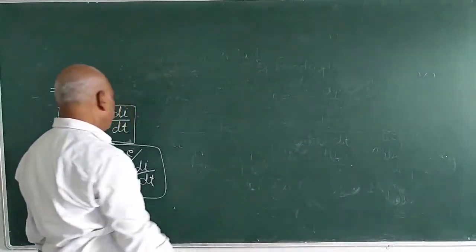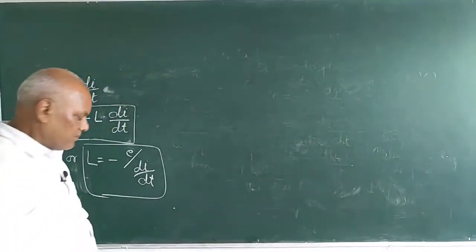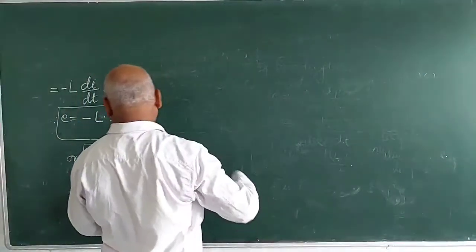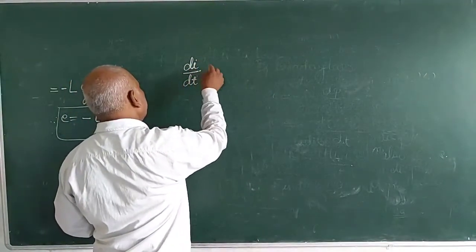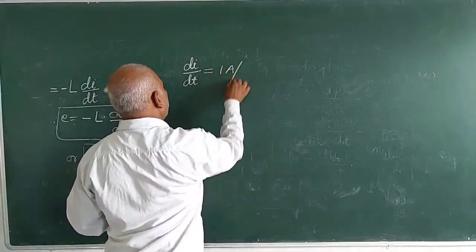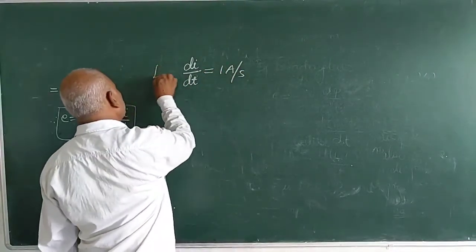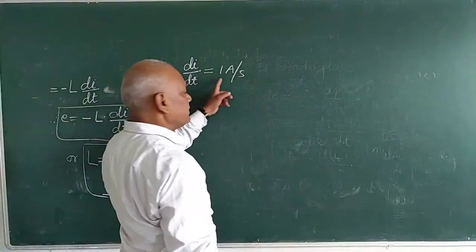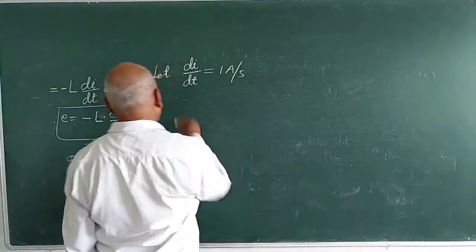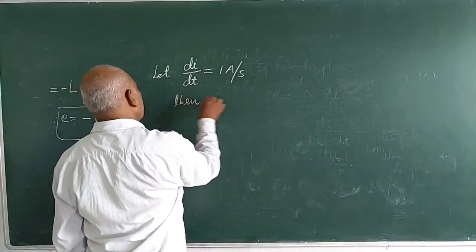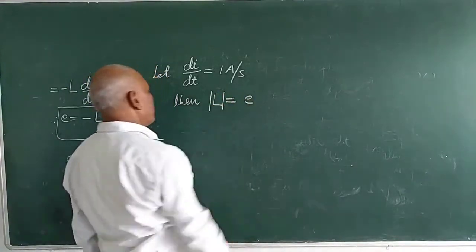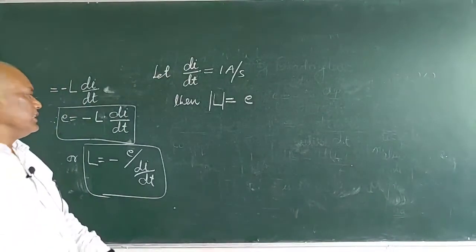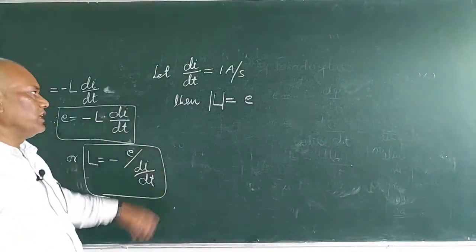What is called the coefficient of self-induction? For its definition, we assume di by dt is equal to 1 ampere per second. Let di by dt be 1 ampere per second, then L is equal to E. This means modulus of L is equal to E, omitting the negative sign.